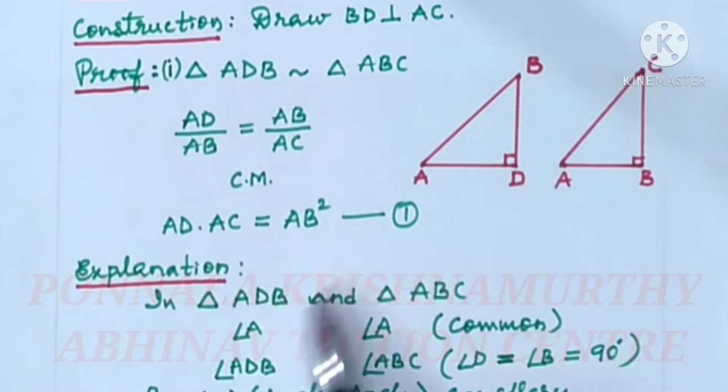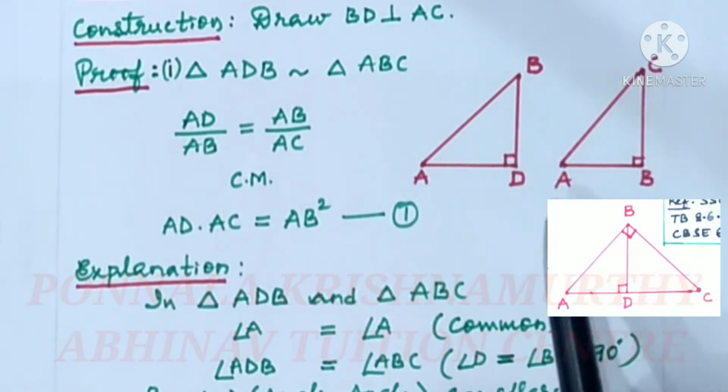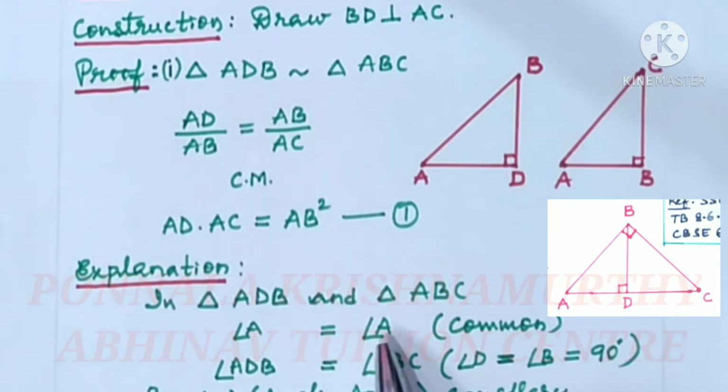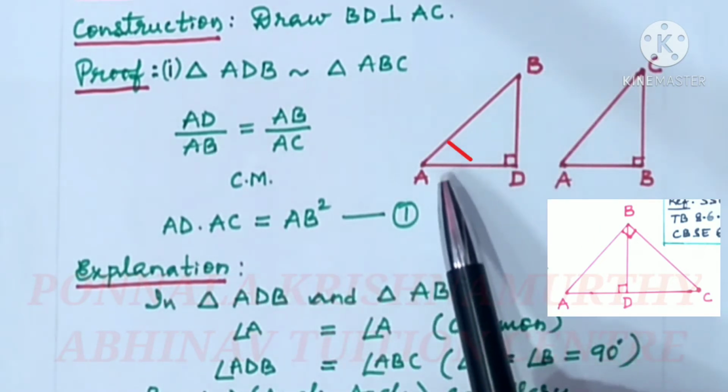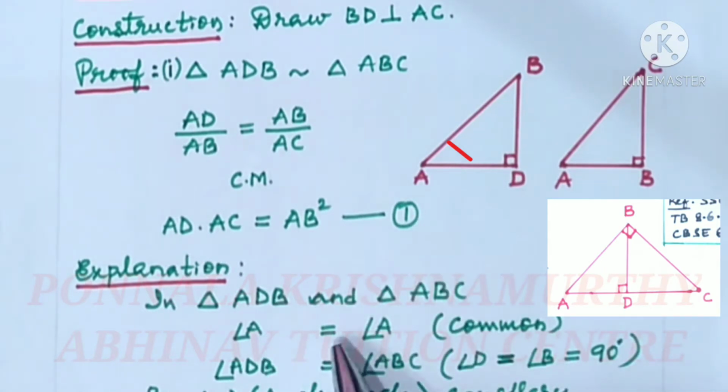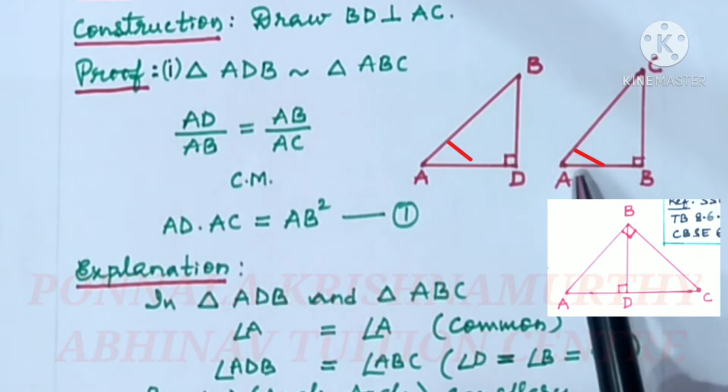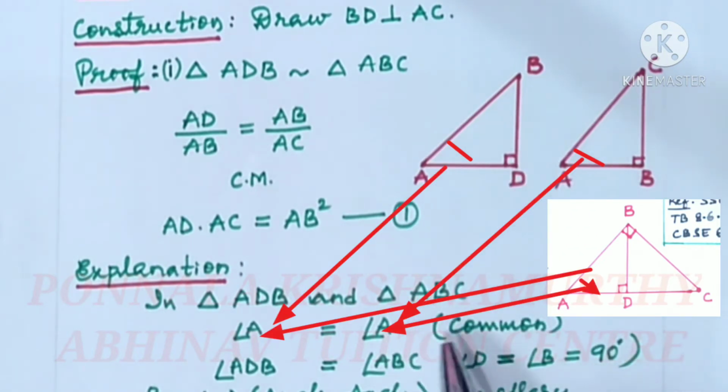In triangle ADB and triangle ABC, angle A equals angle A. In triangle ADB, this is angle A. This is equal to, in triangle ABC, this is angle A. This angle is equal to this angle. Common angles.